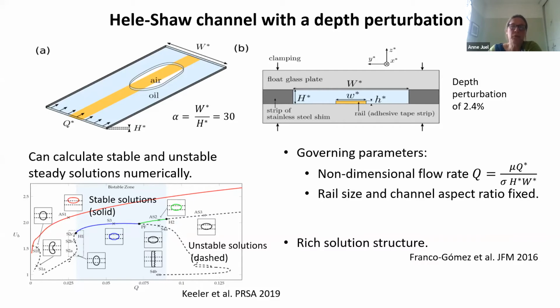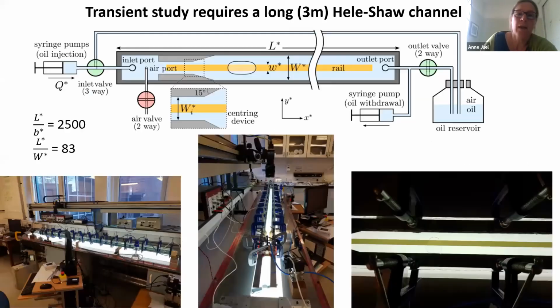Okay, so that's essentially the system that I'm going to focus on from now on. Because we wanted to study transient evolution, we needed a very long channel, and that's where Grégoire Lemoux did a fantastic job in building this system. You can see some pictures of it.